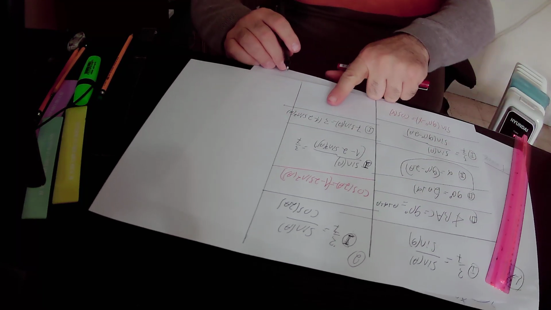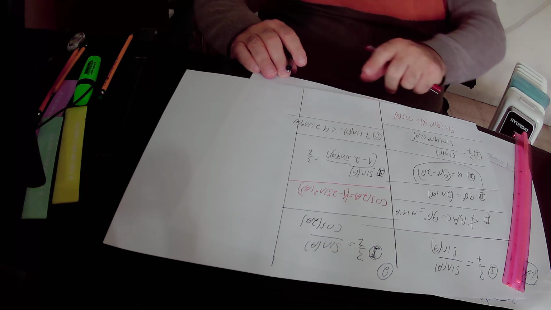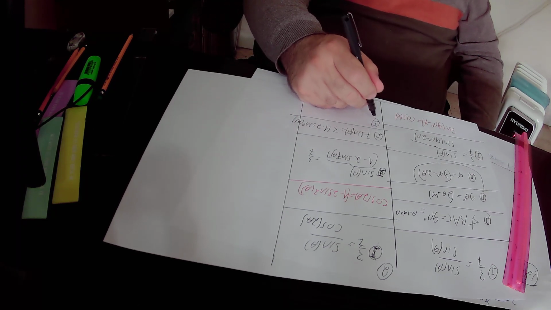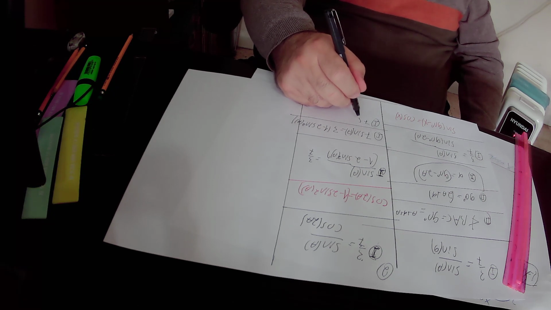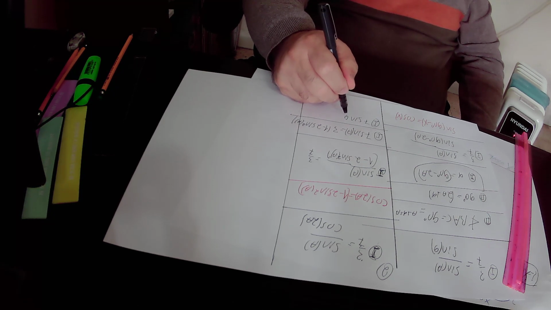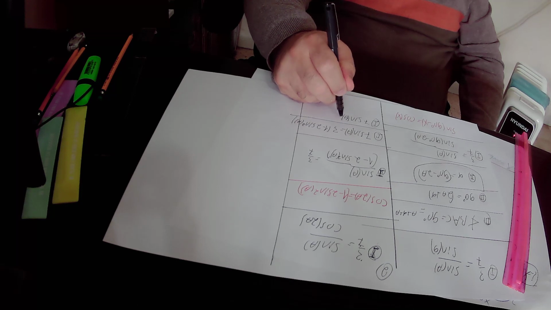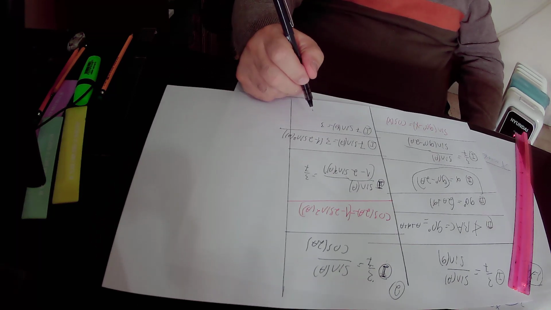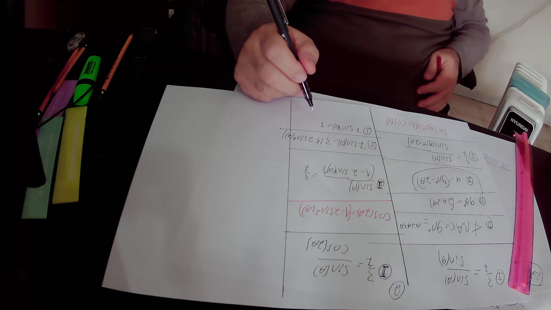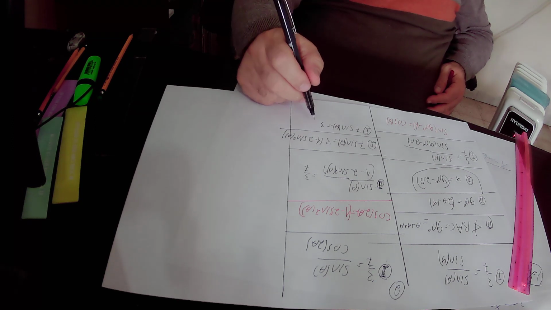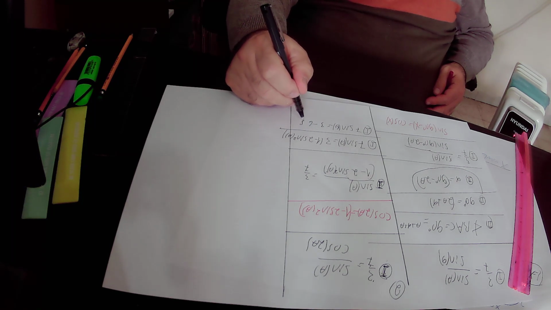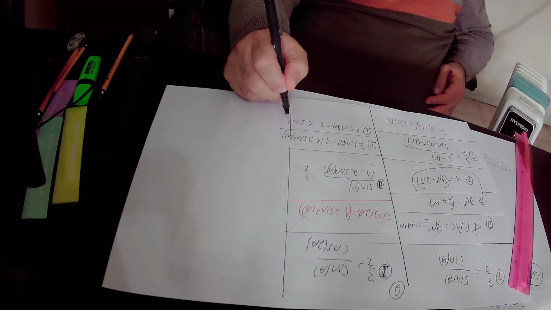Here we will open the brackets on this side of equation number 1, and we will get that 7 times sine theta equals 3 times 1 is 3, and 3 times minus 2 times sine squared theta will be equal to minus 6 times sine squared theta.